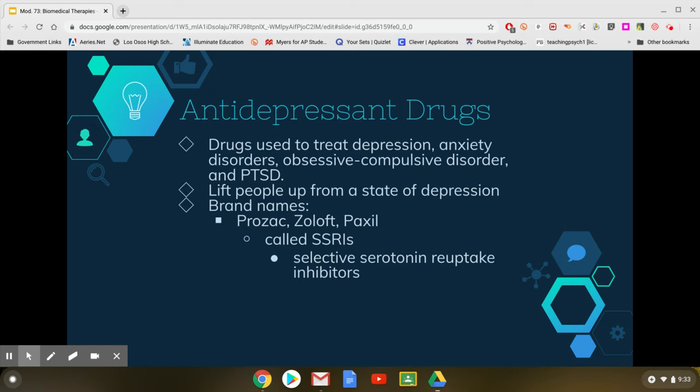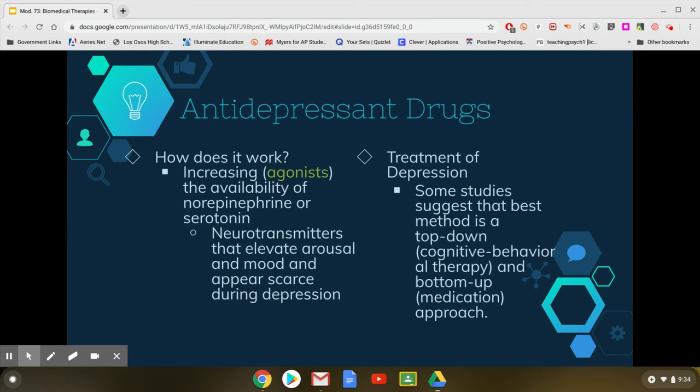If you remember, after our action potential, when those neurotransmitters are spilled into the synapse, any leftover neurotransmitters that don't bind are taken back into the sending neuron. Okay. And then finally is this word inhibitor, meaning it's going to prevent reuptake. So how does it work? And then I'm going to show you a diagram as well.